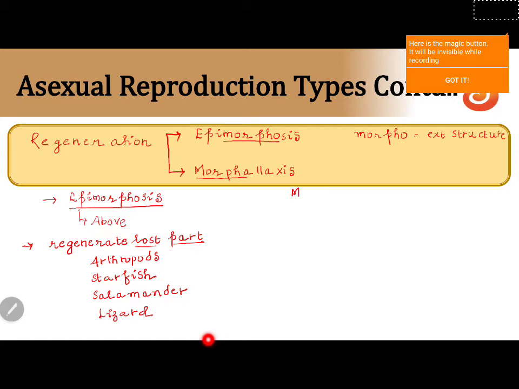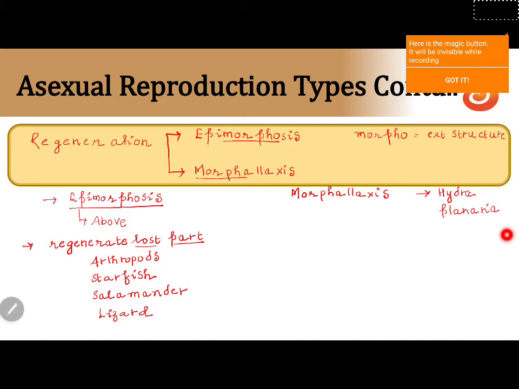Then the next one is morphallaxis. The examples for morphallaxis type of regeneration are hydra and planaria.